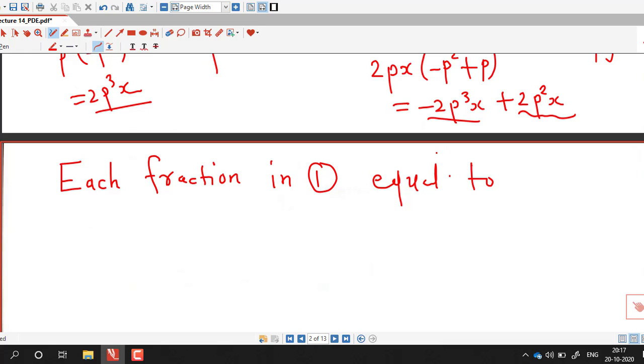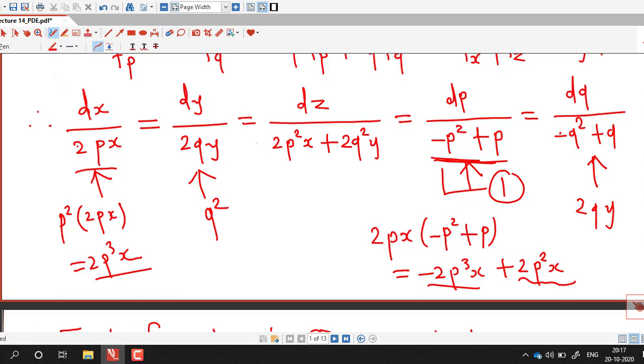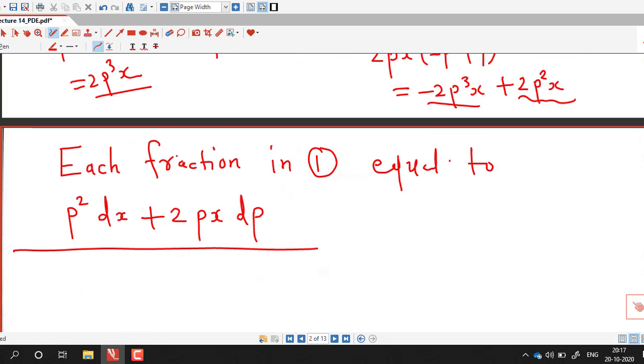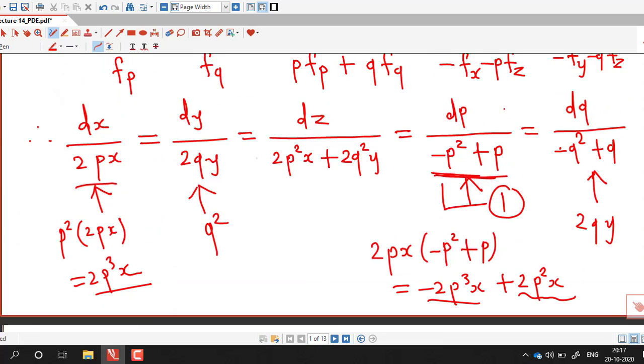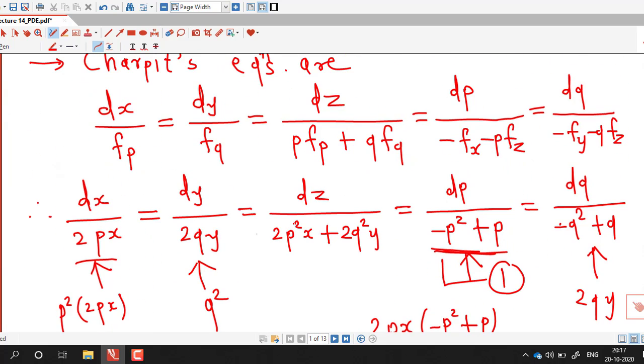So in the numerator I will have dx multiplied with p square and dp multiplied with 2px, and here also 2px is multiplied with p square and 2px is multiplied with the denominator of dp, which is minus p square plus p. So this is the new fraction generated by selecting multipliers.